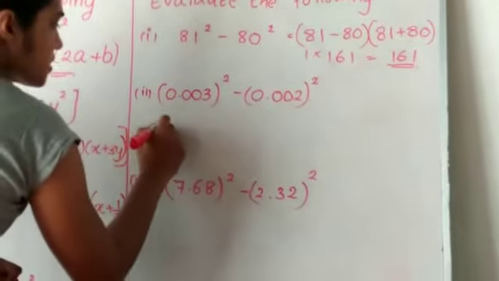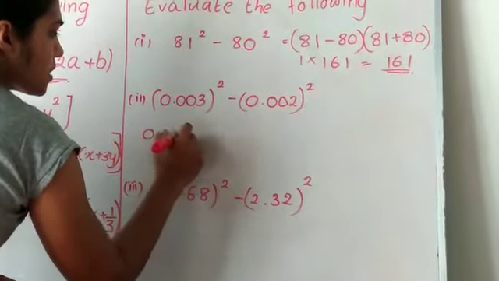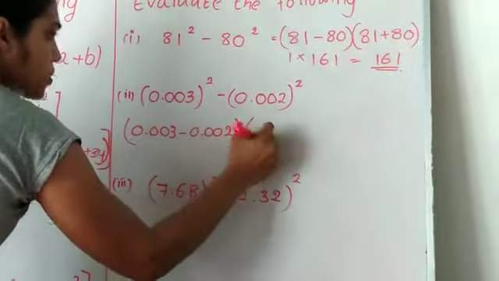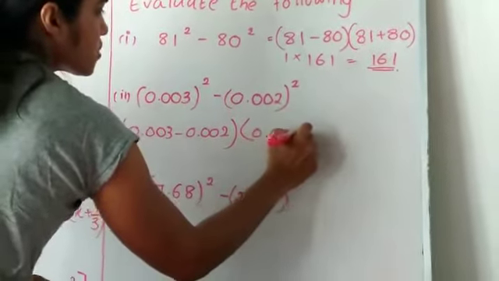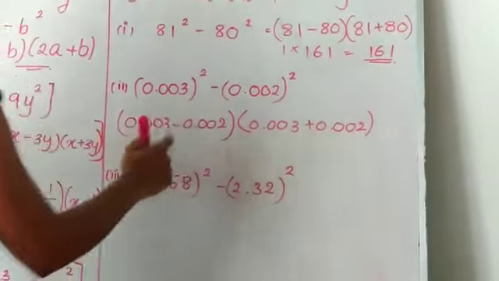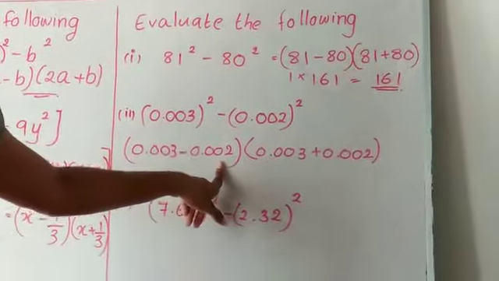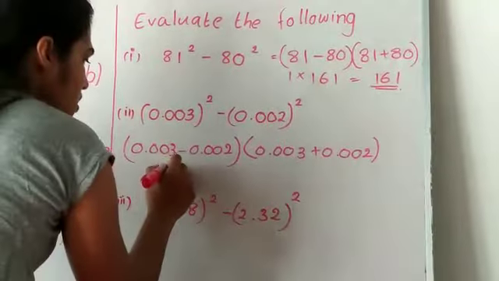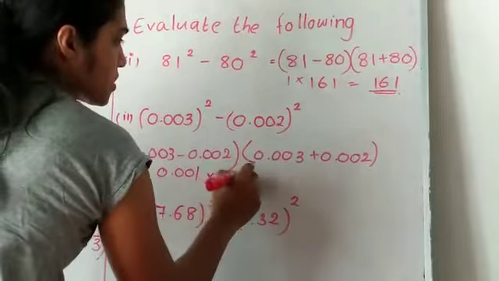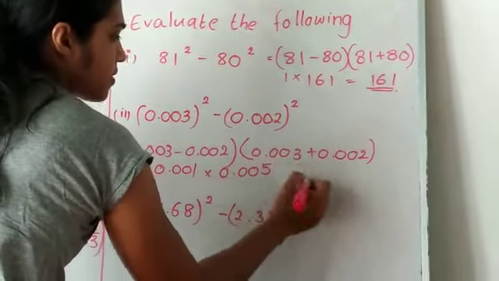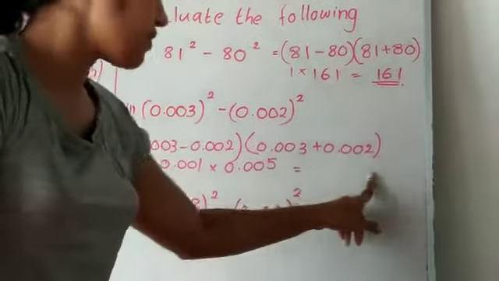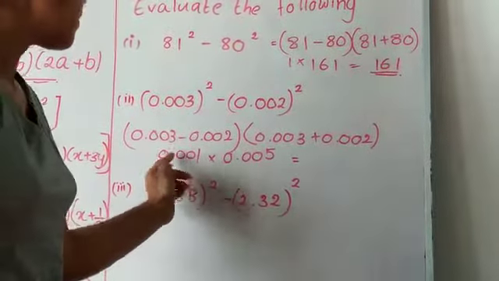Again same thing. 0.003 squared minus 0.002 squared is 0.003 minus 0.002 into 0.003 plus 0.002. 0.003 take away 0.002 is 0.001, into 0.005. If I multiply this, 1 into 5 is 5, but what is the power?